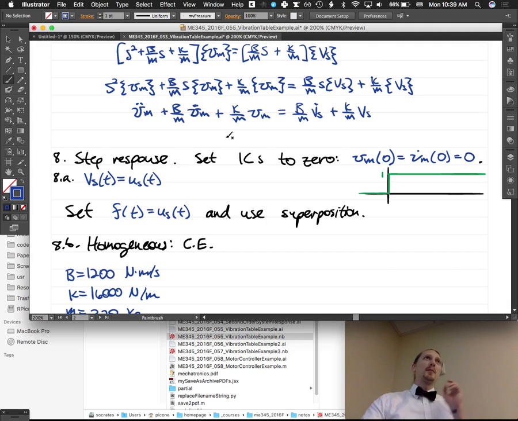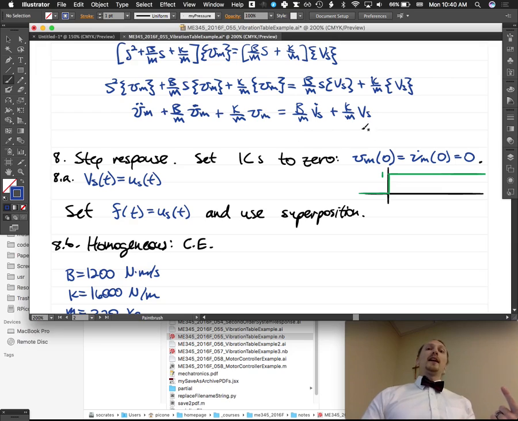So therefore superposition applies. If we had K over M times Vs, how would you find the response? Just multiply, right? Because that's what superposition says. If you scale the input, just scale the output.